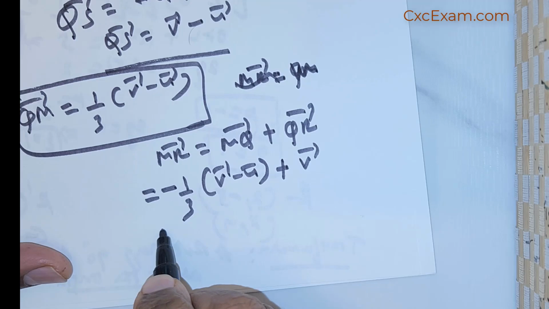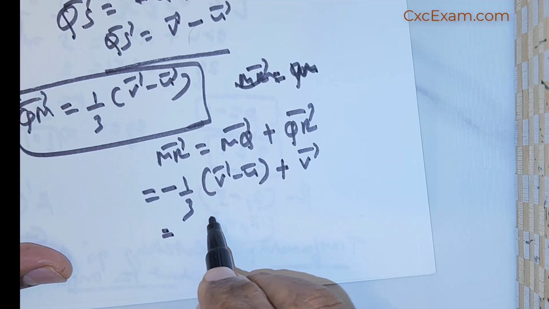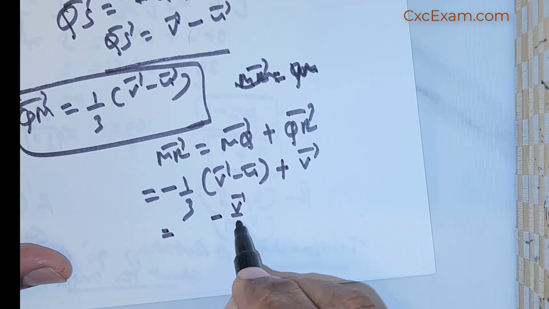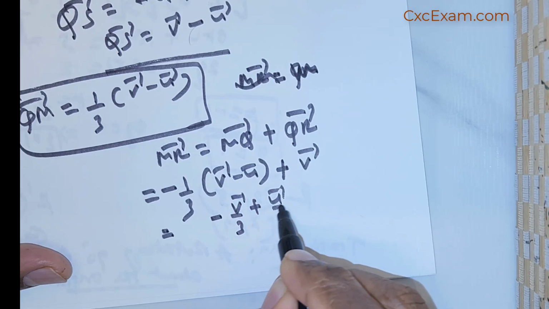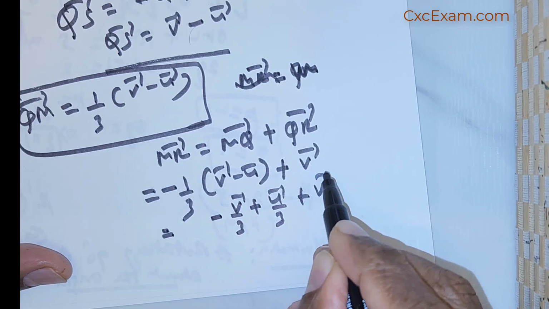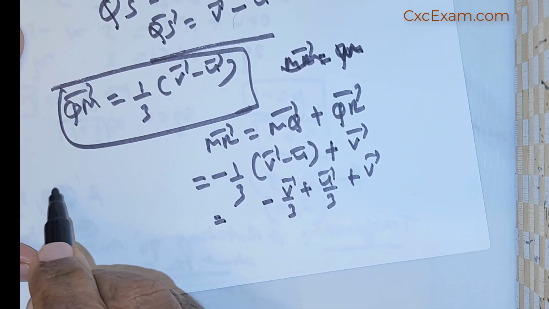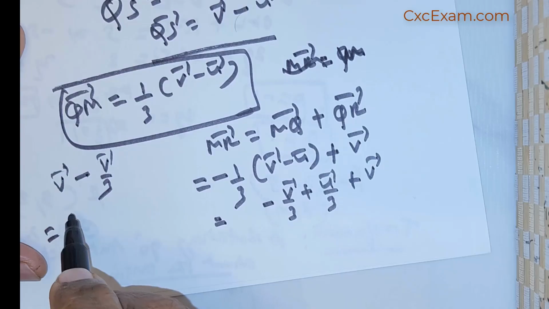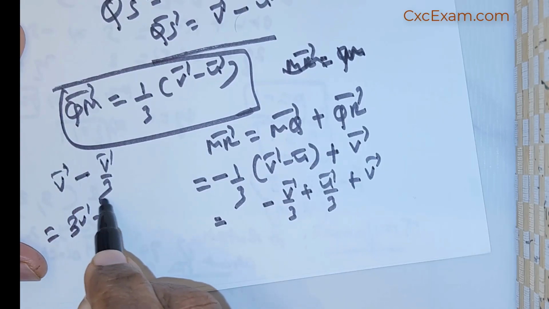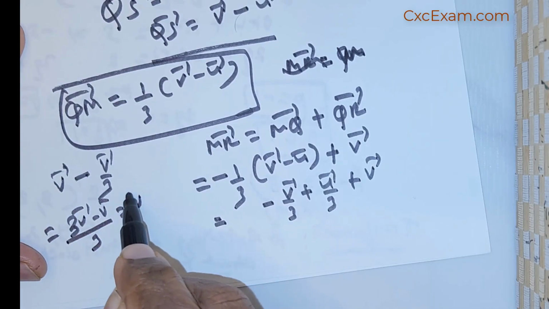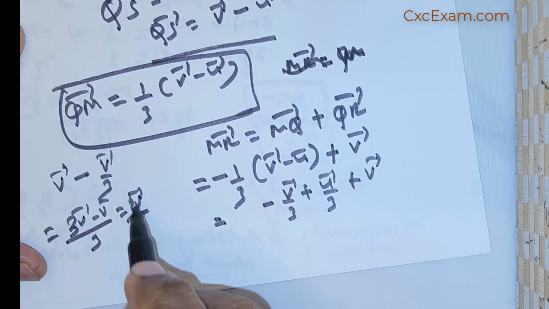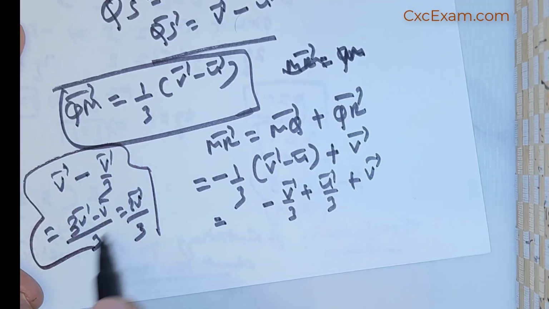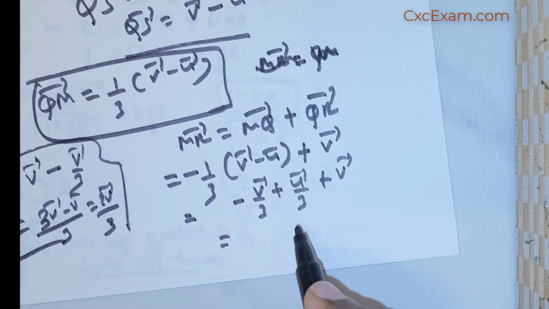So this is going to be V vector over 3 positive U vector over 3 positive V vector. So I add these together, V vector negative V vector over 3, which gives 3V vector negative V vector divided by 3, which is nothing but 2V vector over 3. This is a rough side column working out.